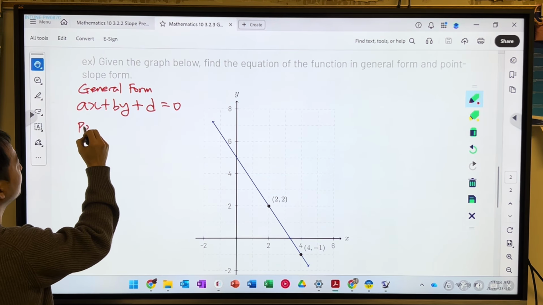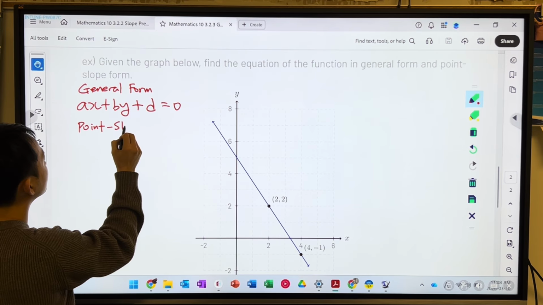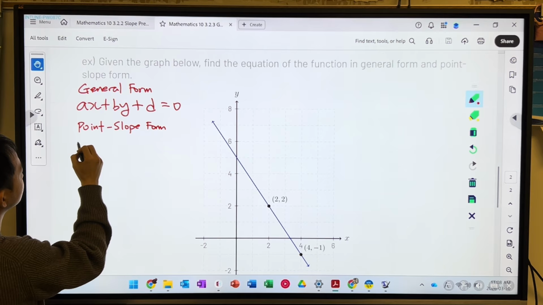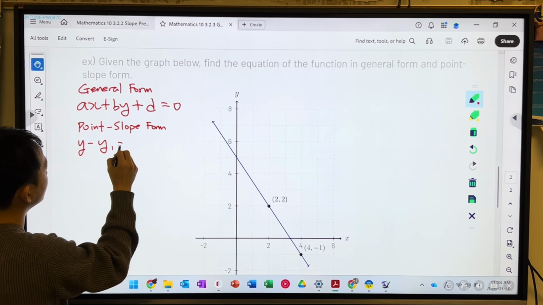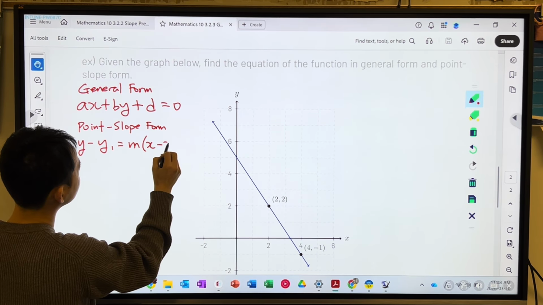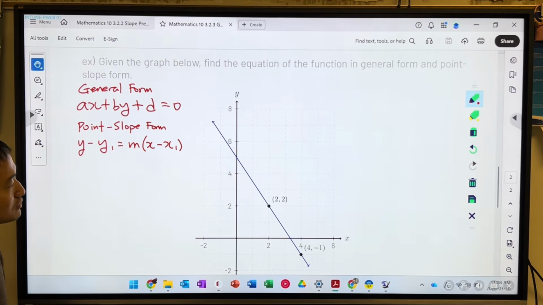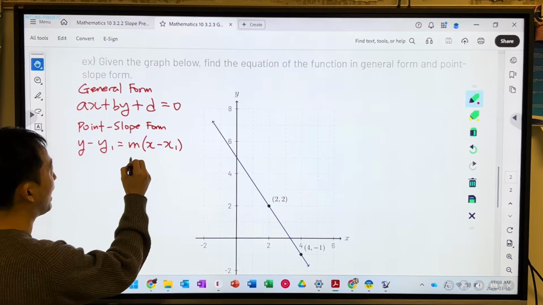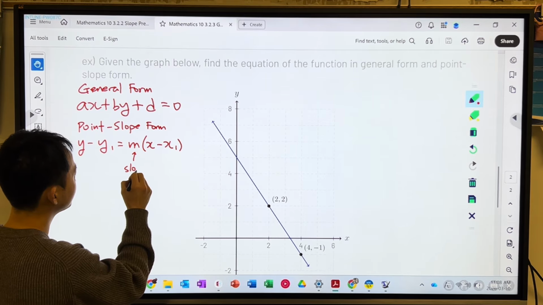The point-slope form goes like this: y minus y1 equals m times x minus x1. In the point-slope form, you see the usual letter m. The m stands for slope.